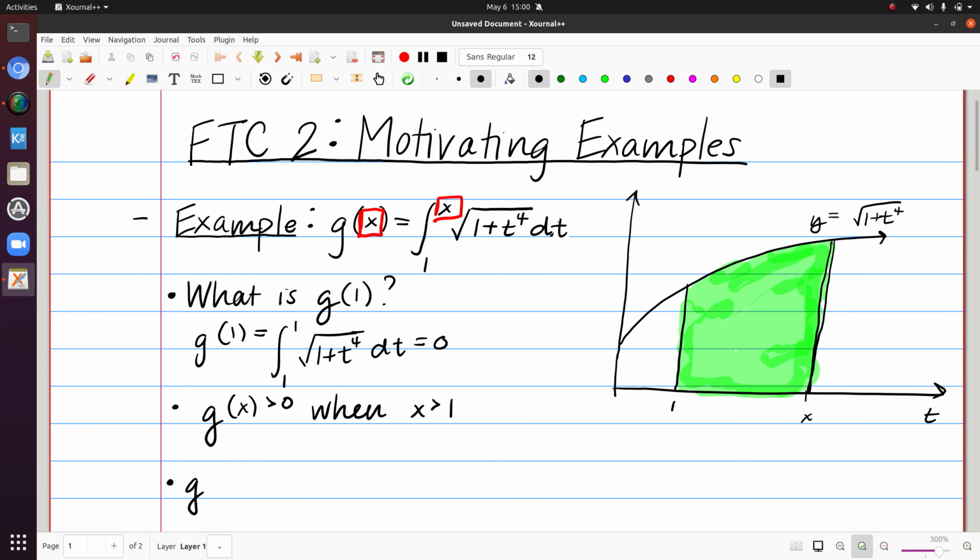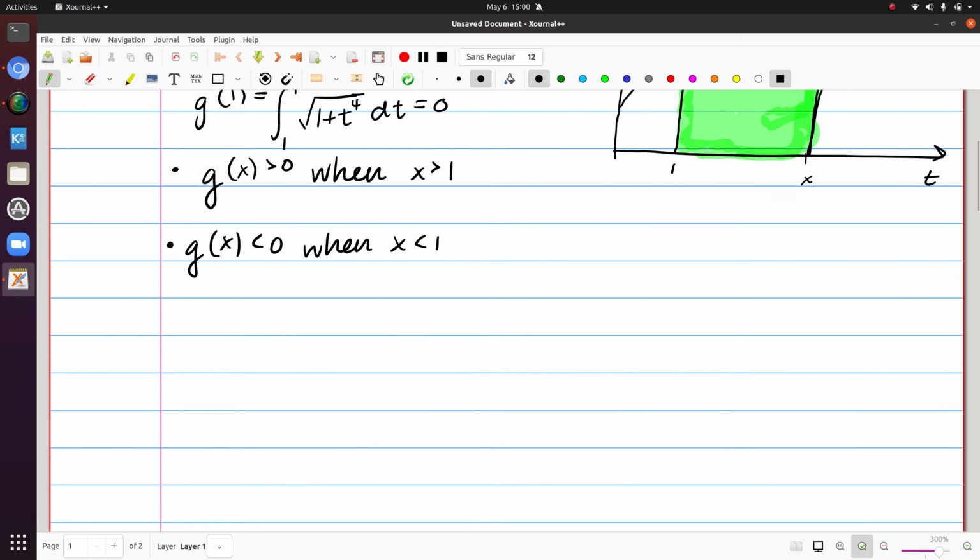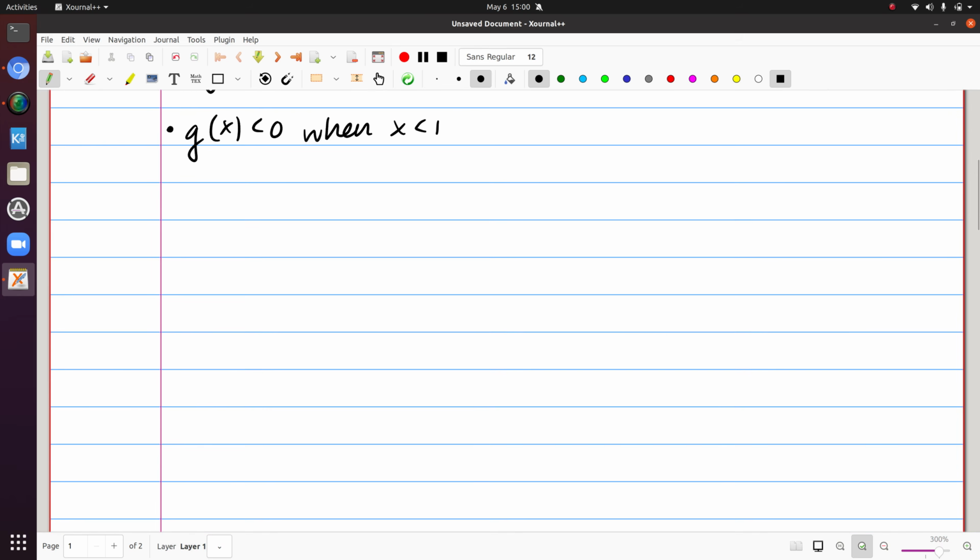By the same token, I could say that g of x is negative when my x value is smaller than 1, because then you'd be integrating from, say, 1 to 0. If we integrate from right to left, we know that we can flip it if we multiply by a negative. So even though my integrand's positive, that negative multiplier would make the result negative.